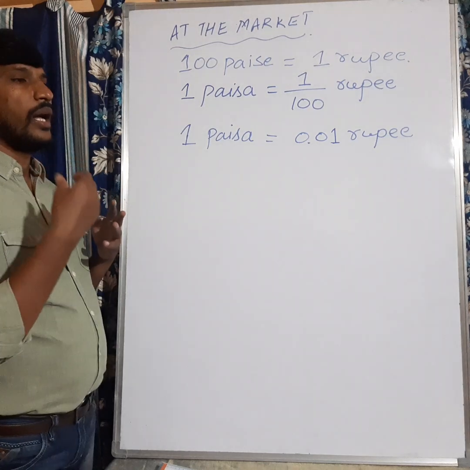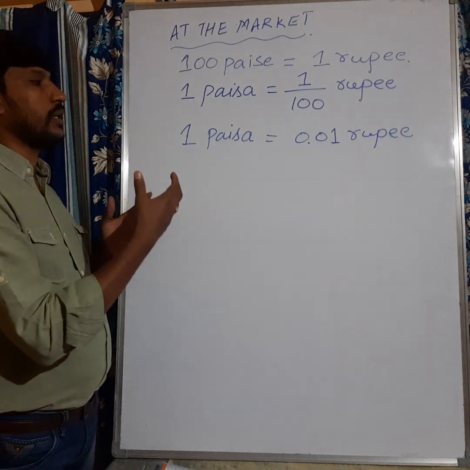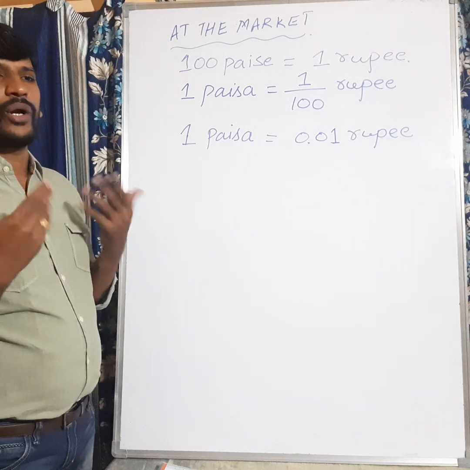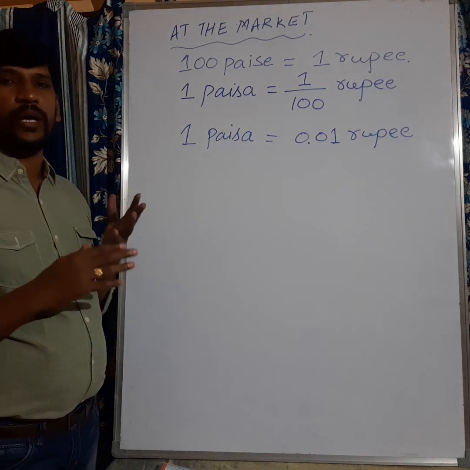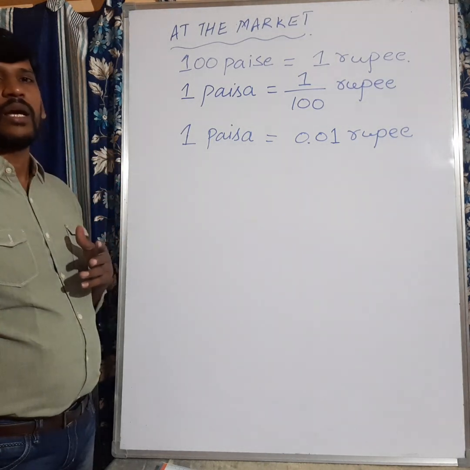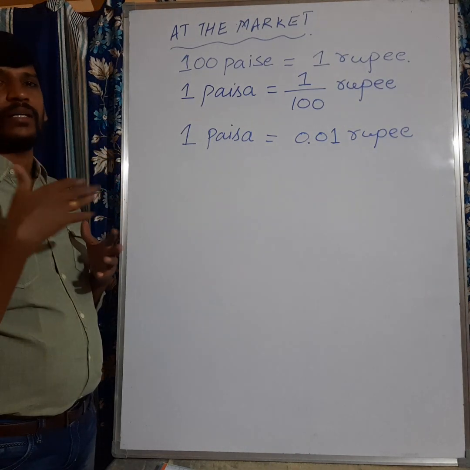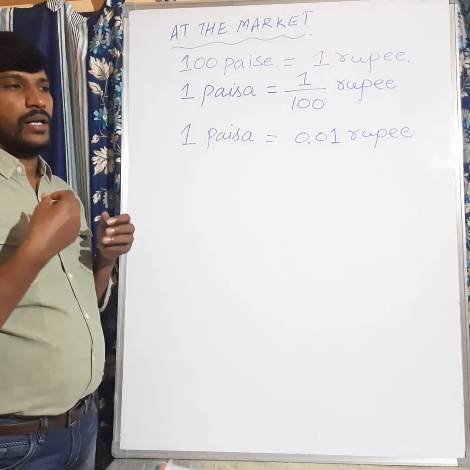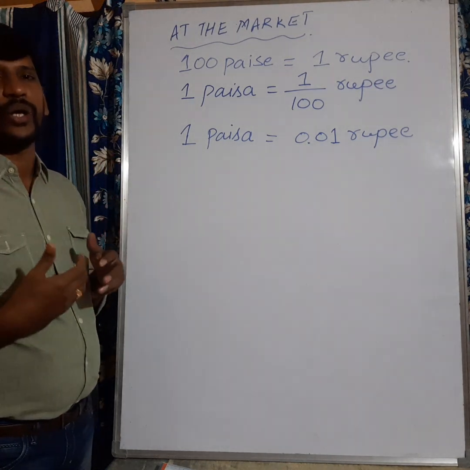Present days we don't have paise. We have only 1 rupee, 2 rupee, 5 rupees, 10 rupees, 20, 50, 100, 200, 500, 2000. Only these are the money in the present situation.